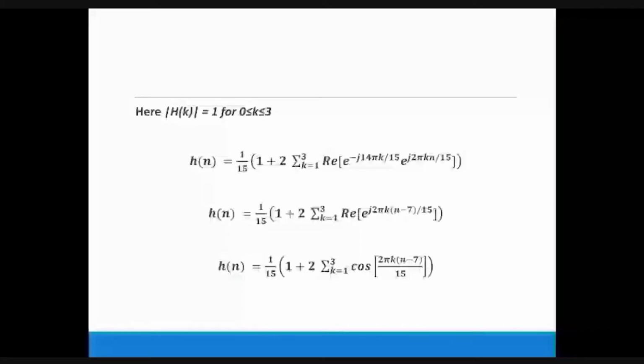When you simplify this, your final equation will be 1 by 15 in bracket 1 plus 2 summation from k is equal to 1 to 3 cos 2 pi k into n minus 7 by 15.